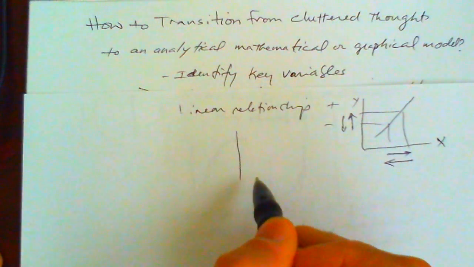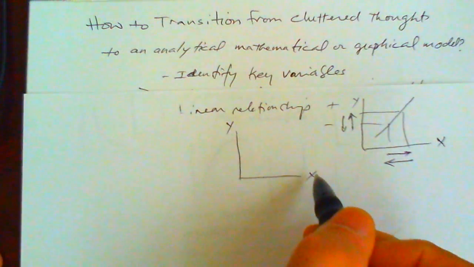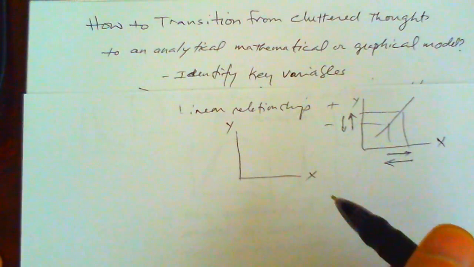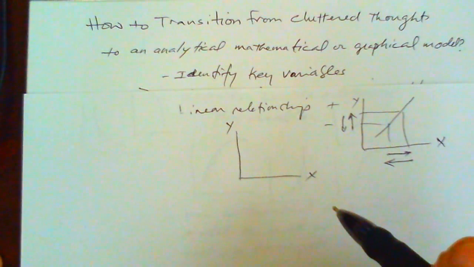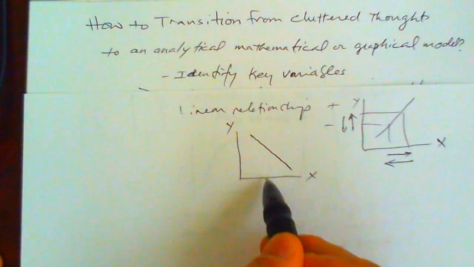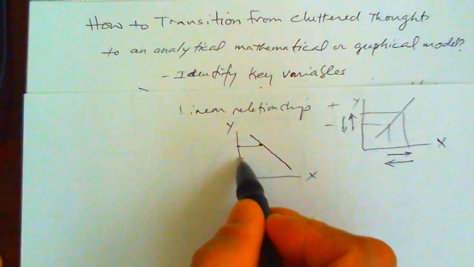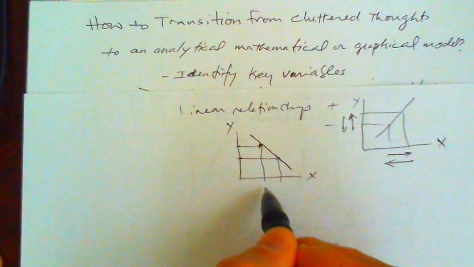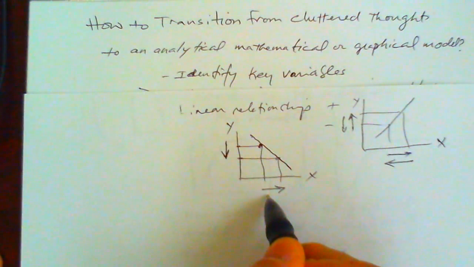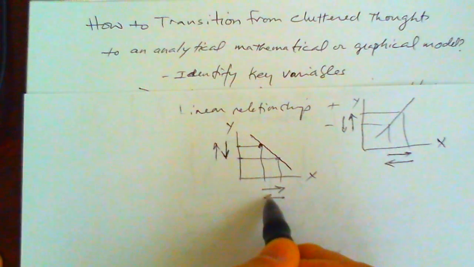Or it could be a negative relationship, x and y, or price and quantity, for instance, in the context of an economic market model. This would be a negative relationship, meaning that every time this variable changes, so does this one, except in the opposite direction. A decline in y results in an increase in x, and an increase in y results in a decrease in x.